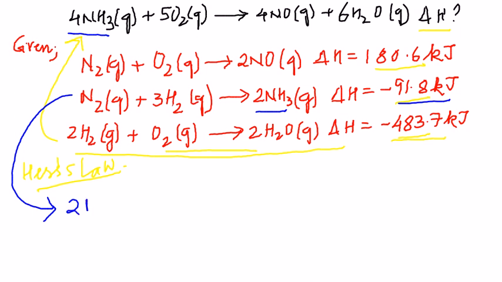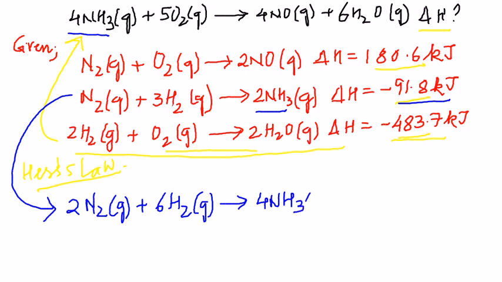If you multiply that by 2, 2N2 plus 6H2 gives you 4NH3, and delta H multiplied by 2 should give you negative 183.6 kilojoules.